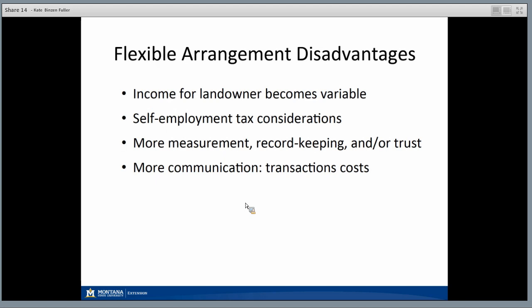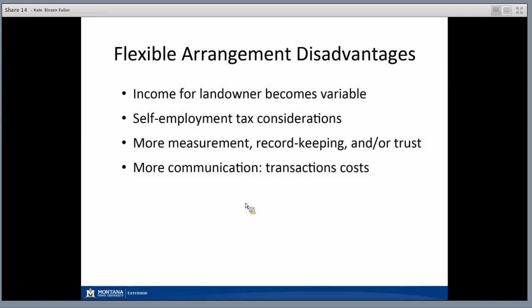There are some disadvantages as well. So for the landowner, the income is going to become variable, just like it sounds. So if you need a very fixed income, this may not be the way to go. There's also self-employment tax considerations.